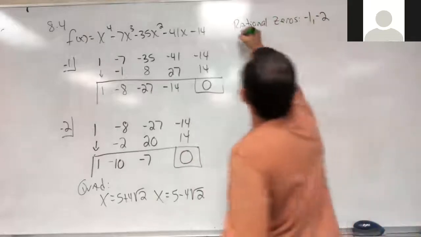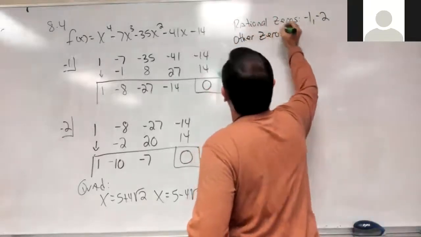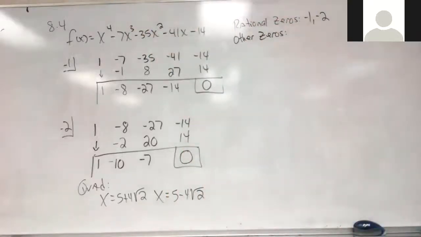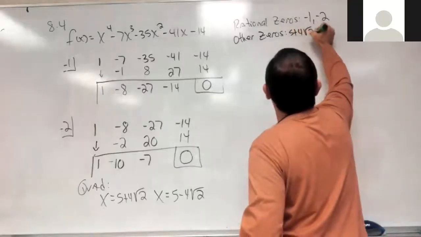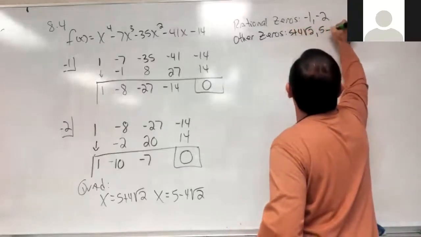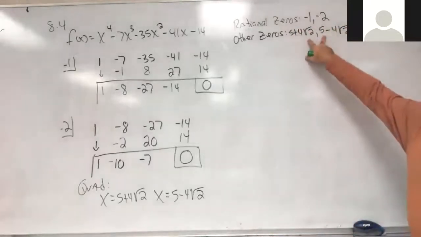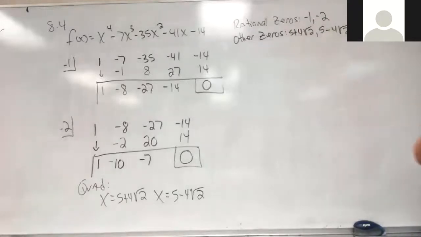Other zeros: since we had an x to the 4th, we need 4 zeros altogether, so you gave me 2, so the last 2 would be 5 plus 4 square root of 2, and then 5 minus 4 square root of 2. I'm pretty sure on that, and y'all can use the plus or minus key and just put it once: 5 plus or minus 4 square root of 2, it should take that.